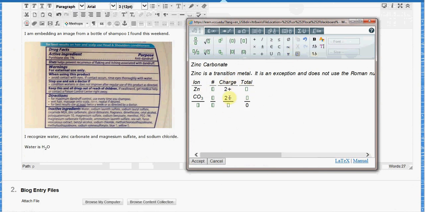Now these will actually cancel right away. So if I were to have 1 zinc and 1 carbonate, it gives me a total positive of 2+ and a total negative of 2-. That means our formula would be zinc carbonate.